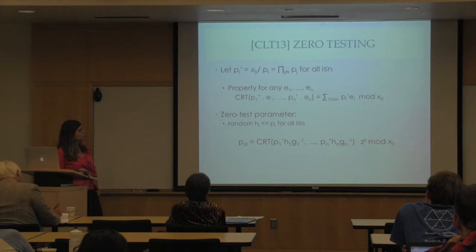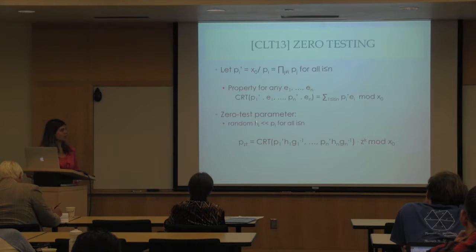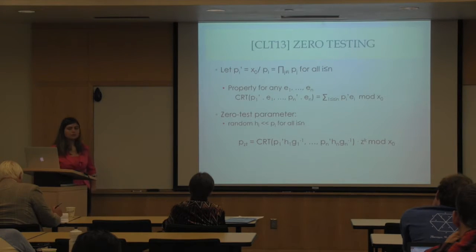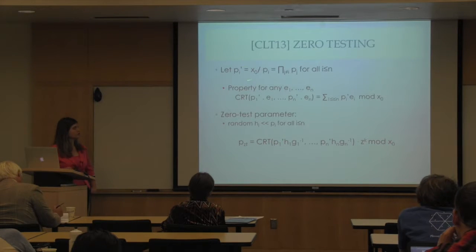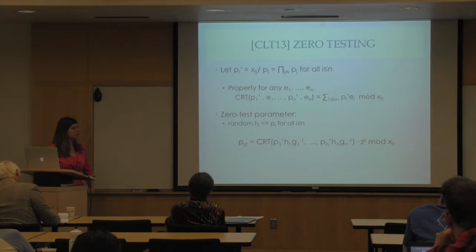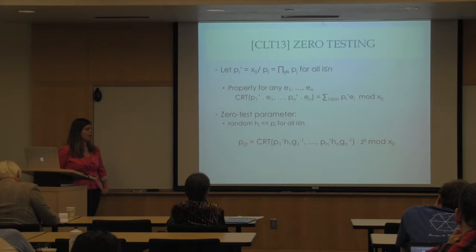So now we have computed these p_i primes. What will be our zero test parameter? Well, we sample from 1 to n values h sub i, which are random, but they need to be much smaller than the p sub i's. Now, our zero test parameter will be computed as the CRT of the values where we multiply each p_i prime, defined here, together with the corresponding h sub i, and with the inverse of the corresponding g sub i.